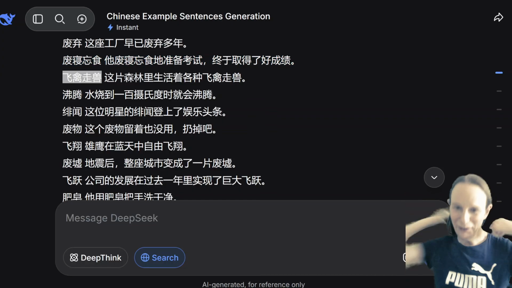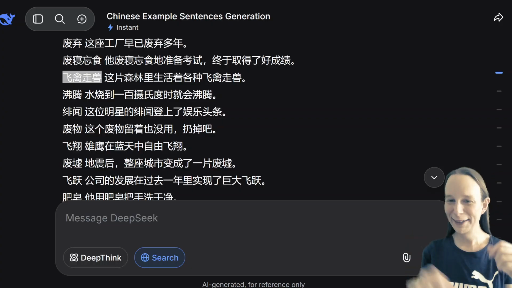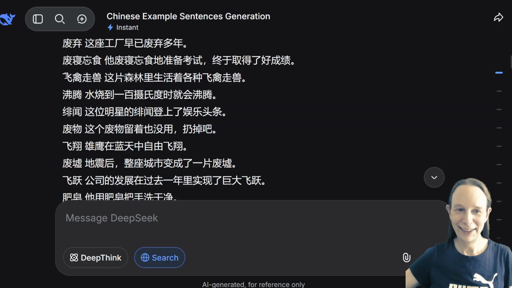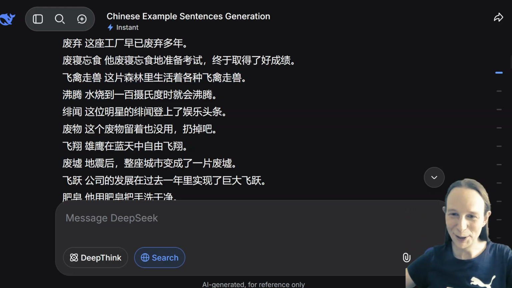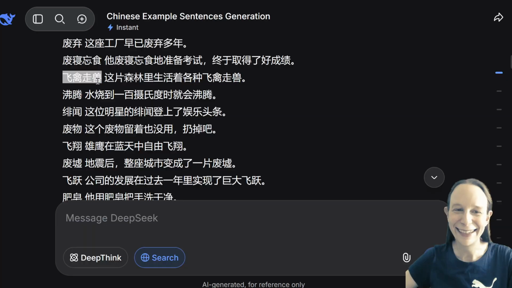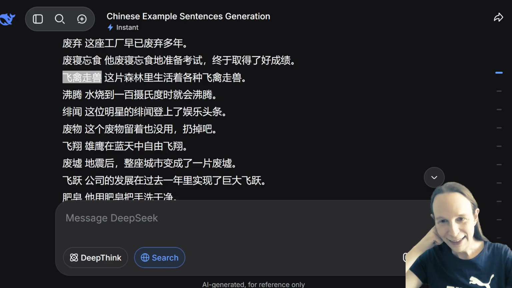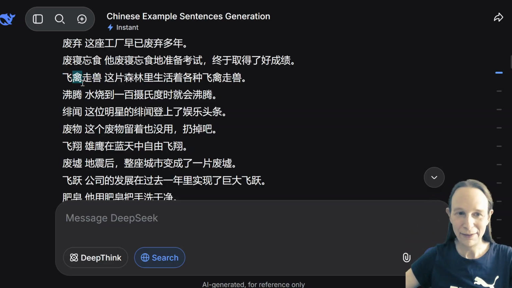飞禽走兽. I like the tones. I like this one. 飞禽走兽. The tones. First tone, second tone, third tone, fourth tone. I just think that's really cool. All right. So 禽 refers to poultry, but sometimes it can refer more generally to birds.